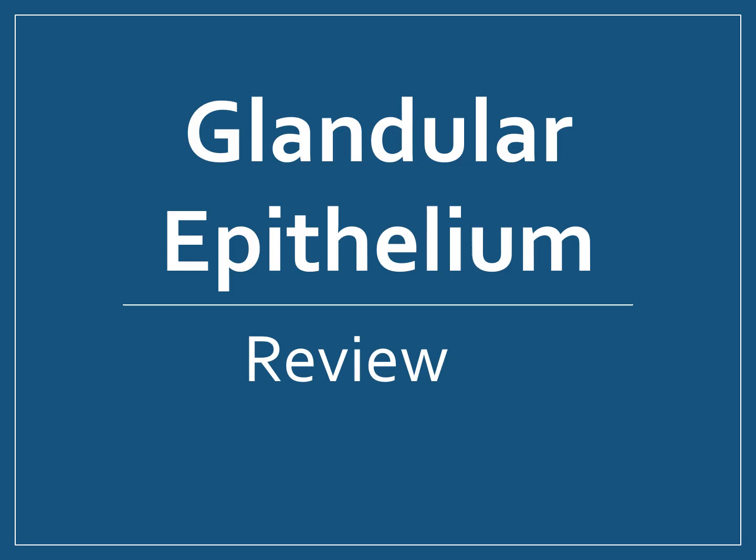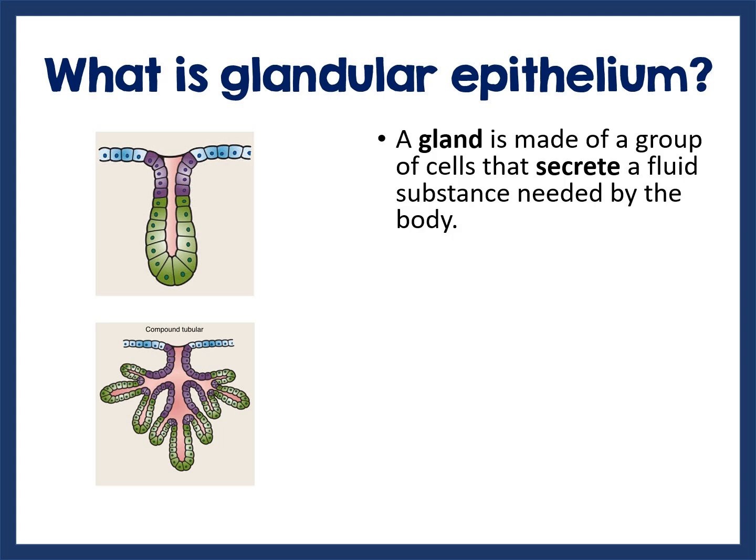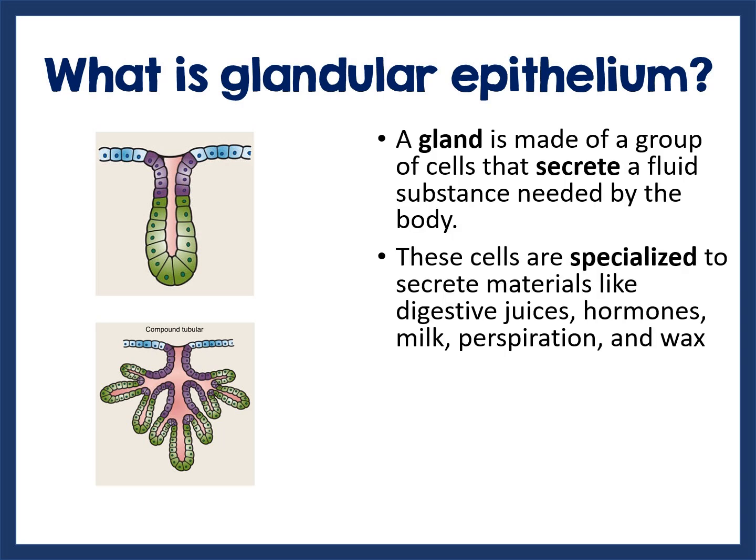So we need to review this whole concept of glands. What is glandular epithelium? Well, a gland is made up of cells that secrete a fluid substance that is needed by the body.